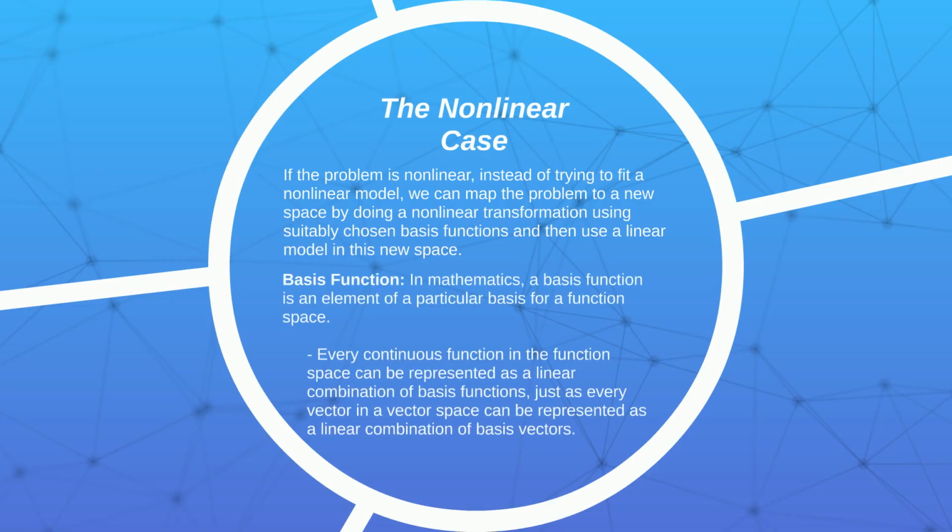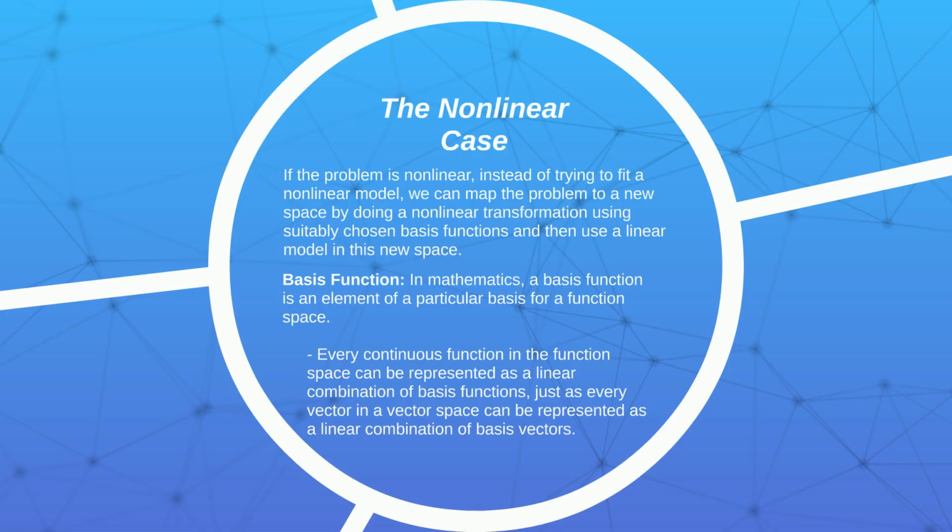So that was a lot of spaces and basis functions. We haven't covered basis functions, so I'm just going to give you a quick definition here. Google will tell you that a basis function in mathematics is an element of a particular basis for a function space. So when I first read that, that was kind of hard for me to follow. So we've got some simplifications below.